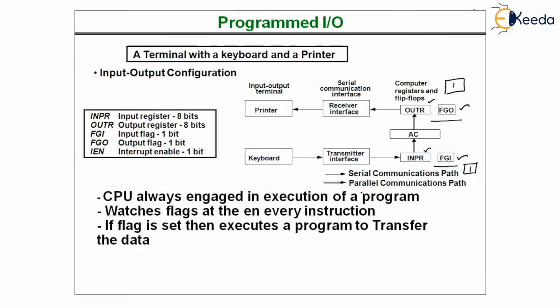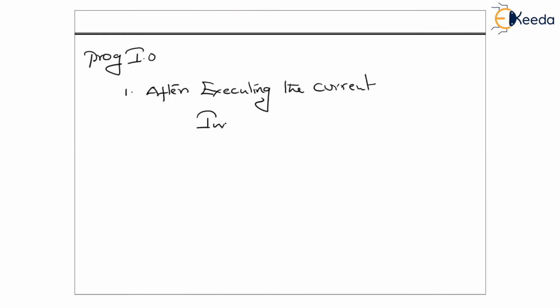Okay, how this transfer is going to happen, let us see. We're discussing programmed IO. Events are as follows. The first step is, after execution of the current instruction, CPU watches flags. Okay.